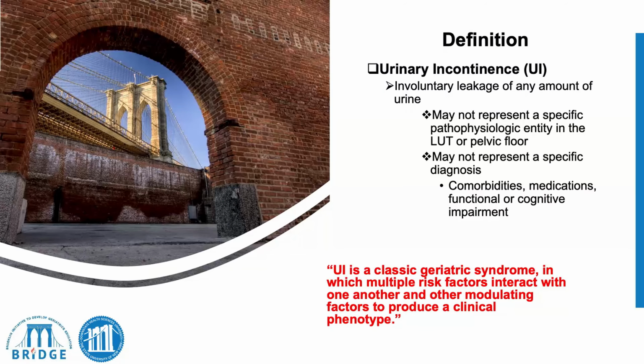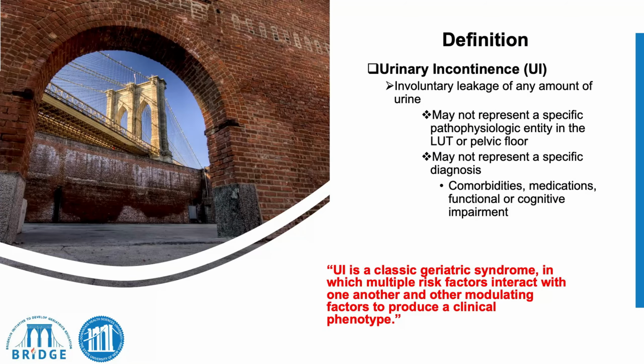In an older adult, urinary incontinence is associated with multiple underlying problems, either occurring individually or in combination. So, for example, urinary incontinence in the older adult is linked to multiple comorbidities, or it may be linked to medications, or it may be associated with functional and/or cognitive impairment. So urinary incontinence is a classic geriatric syndrome.